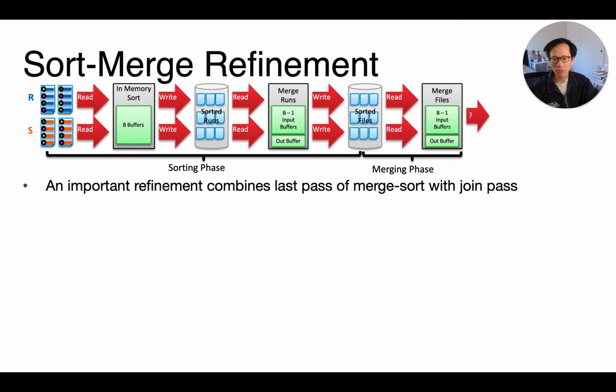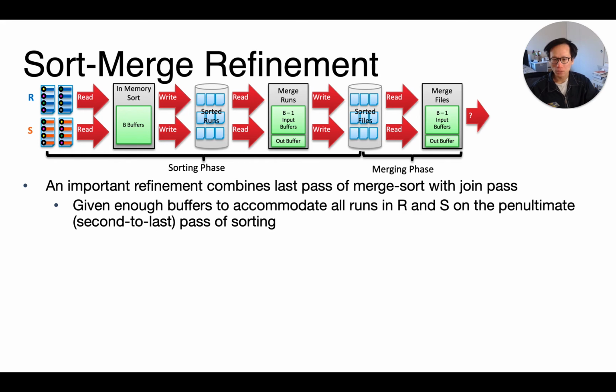This refinement is essentially going to take the joining part of sort merge join, that second phase, and combine it into the last pass of merging during the sorting algorithm that we already learned. So our good old external sort algorithm that we learned before is going to have an extra little wrinkle here when we do joining in this last merge pass. Let me show you how this works.